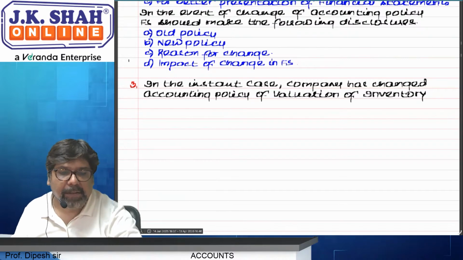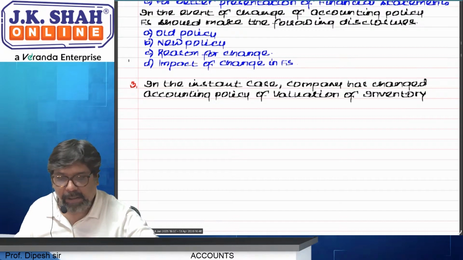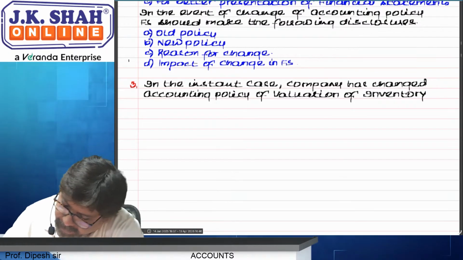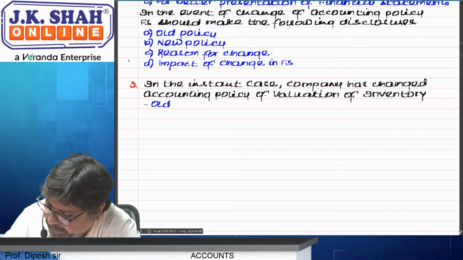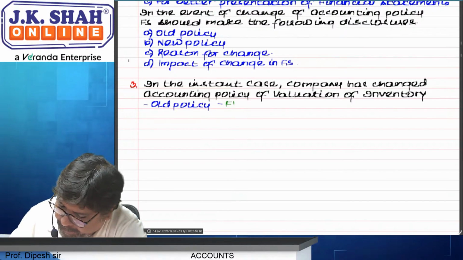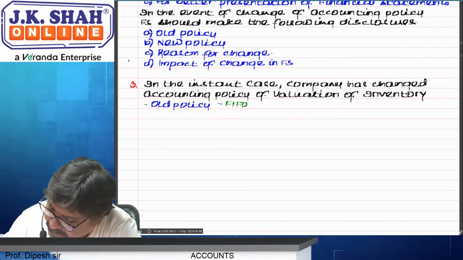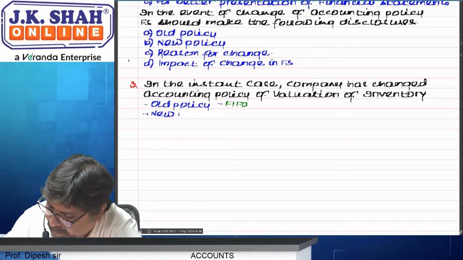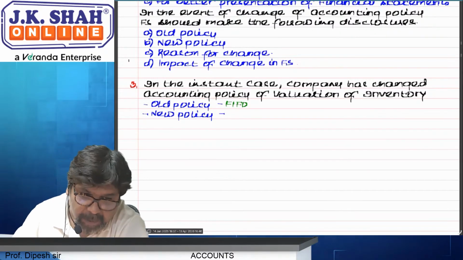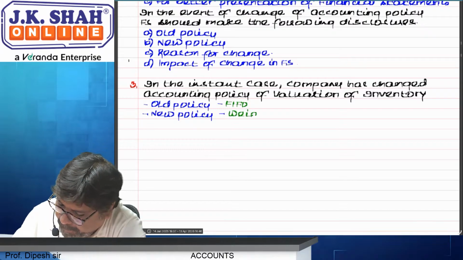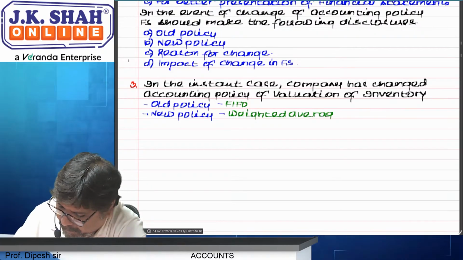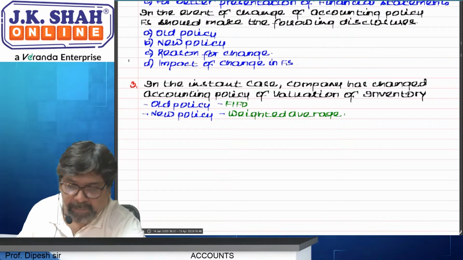Correct? Valuation of inventory. Old policy was FIFO, new policy is equal to weighted average. Correct?